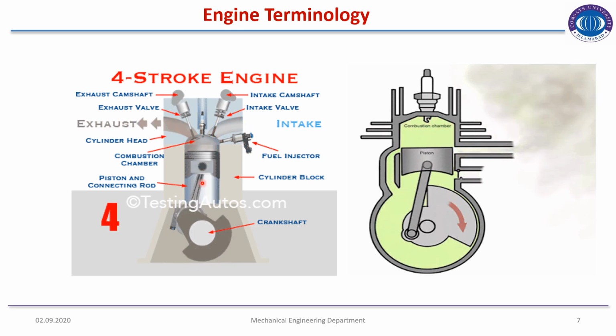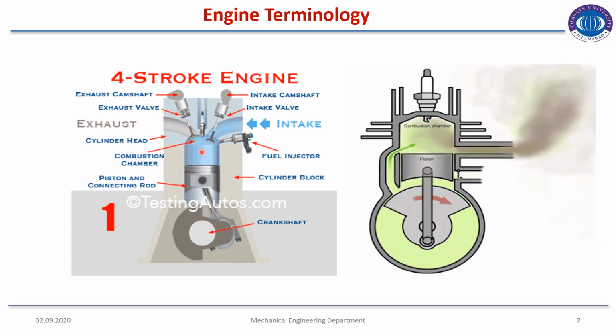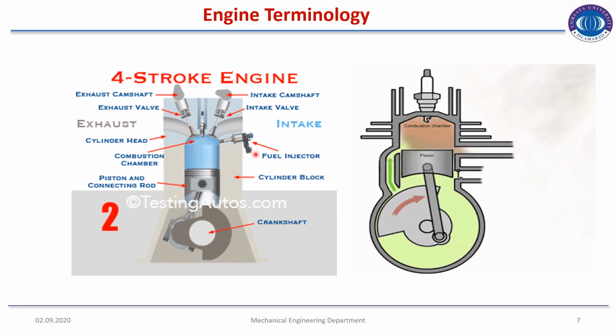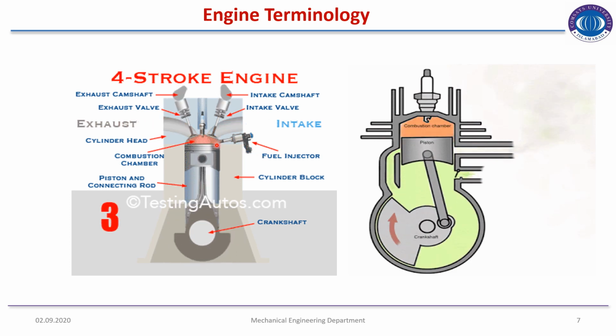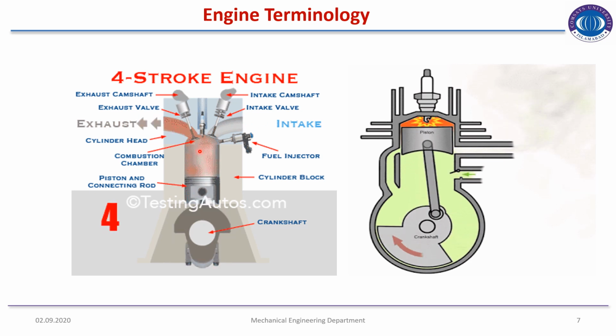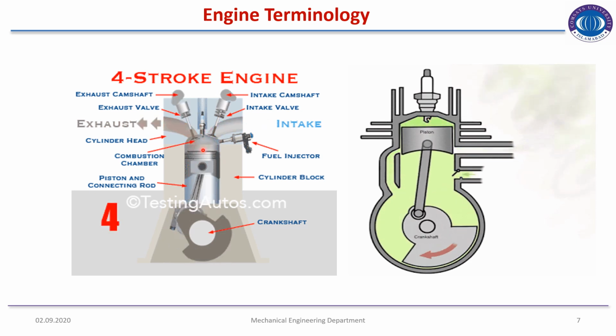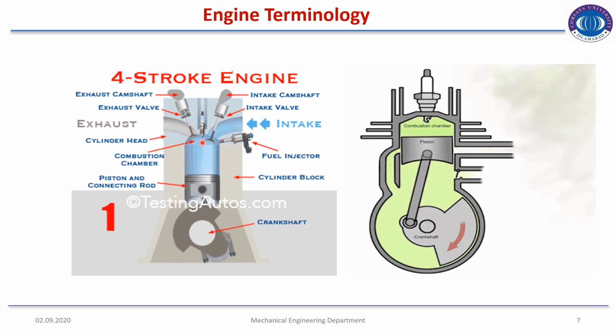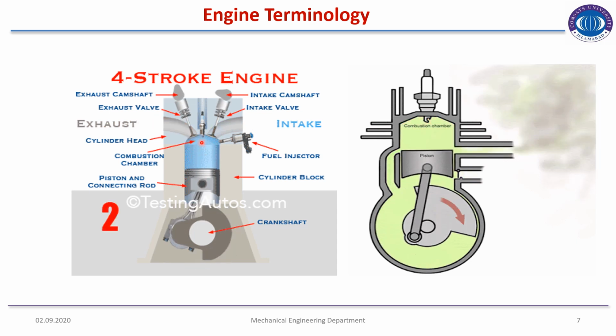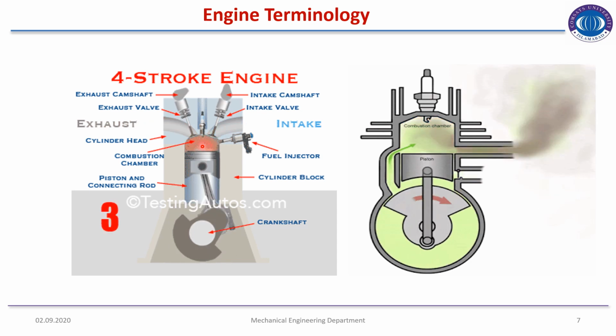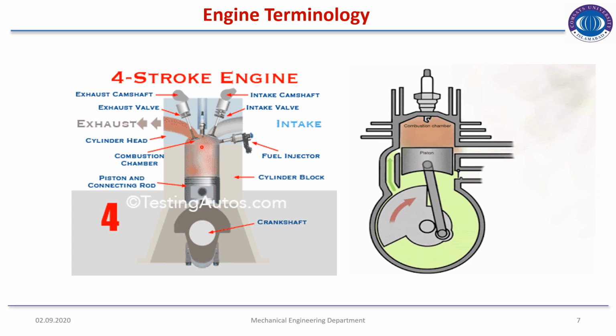So this piston cylinder will compress that air. Then the fuel injector will spray a very fine portion of fuel, and this is a spark plug. As you can see, the fire is coming out of that spark plug.